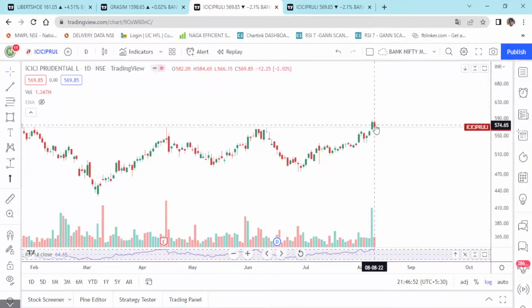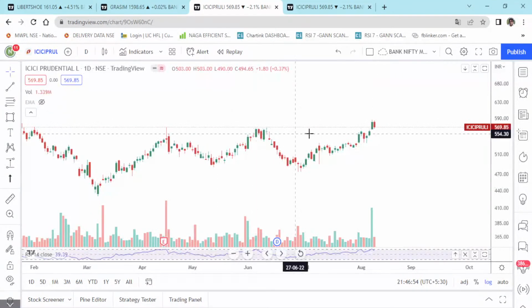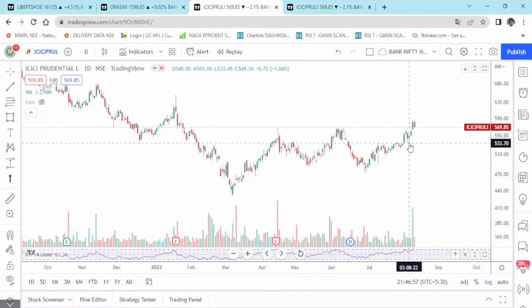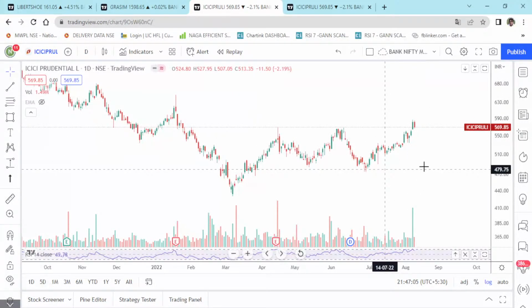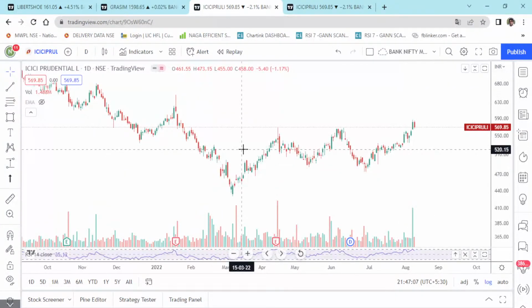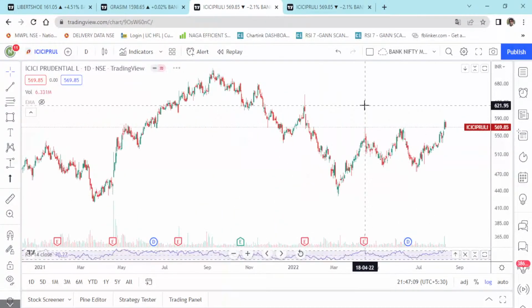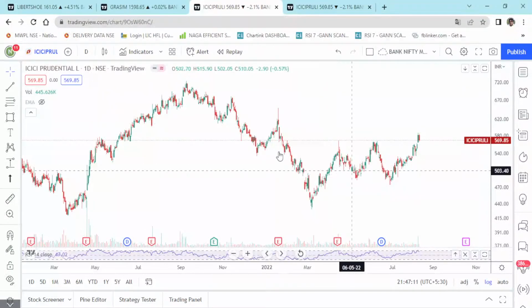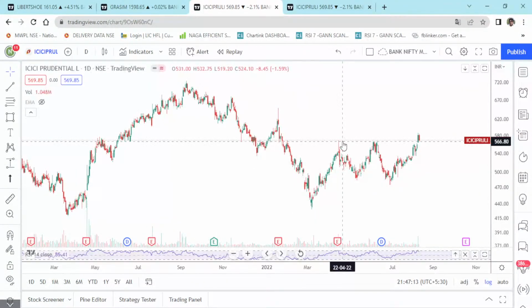The stock is trying to retest this previous level, so the stop loss is going to be 533 and we can keep holding this stock. If it is closing below 533 on daily, then we can exit the stock if you have taken it for a swing trade. For long-term trading, definitely it is going to be a hold, and I can see a good inverse head and shoulders, which is a very good bullish signal.